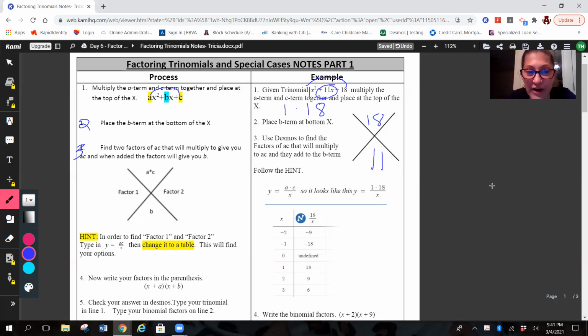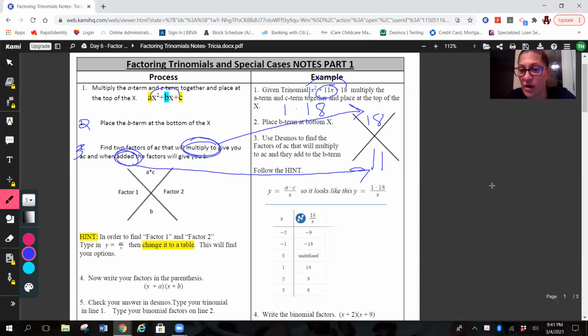Step 3, find the 2 factors of a times c that will multiply to give you ac, and when added, the factors will give you b. So what that means is, what numbers multiply to give me 18 and add to give me 11?